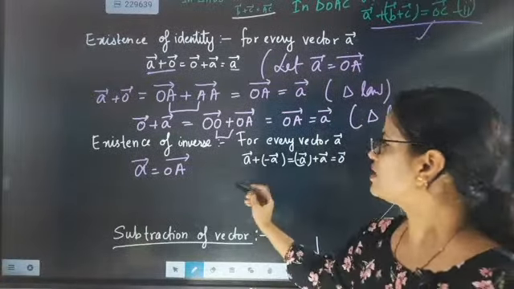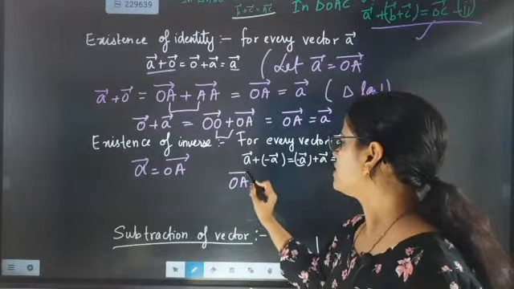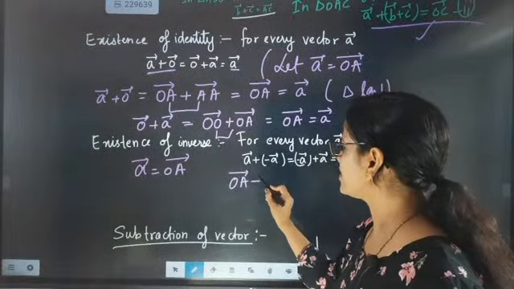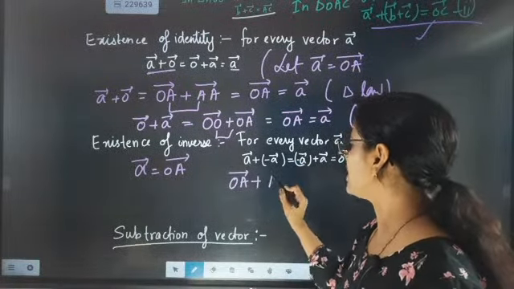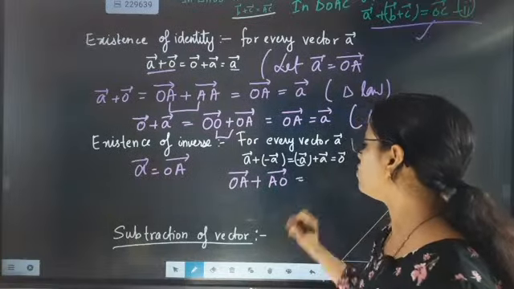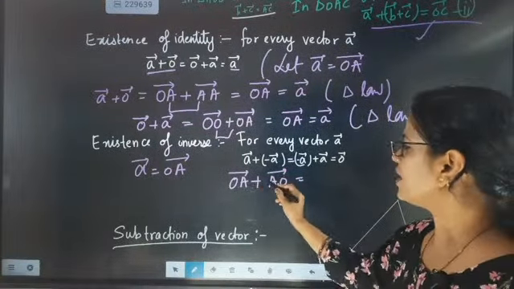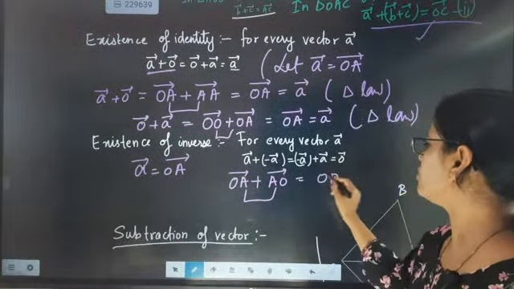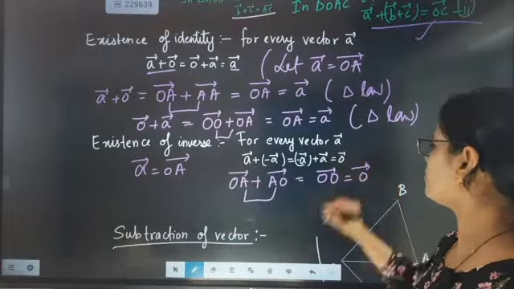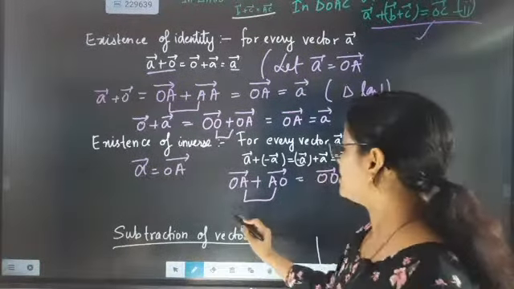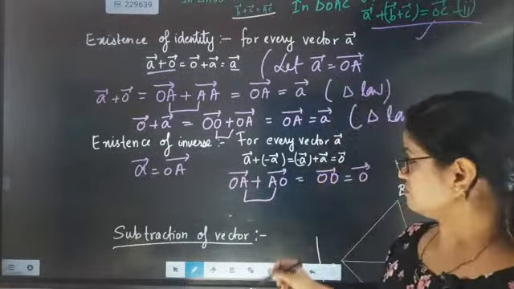So how to write it? Now OA vector will be exactly OA vector plus, this is opposite in direction with the same magnitude, AO vector. So OA and AO are the same, it will become OO vector and it will come as O vector. So first I wrote A vector minus A vector.